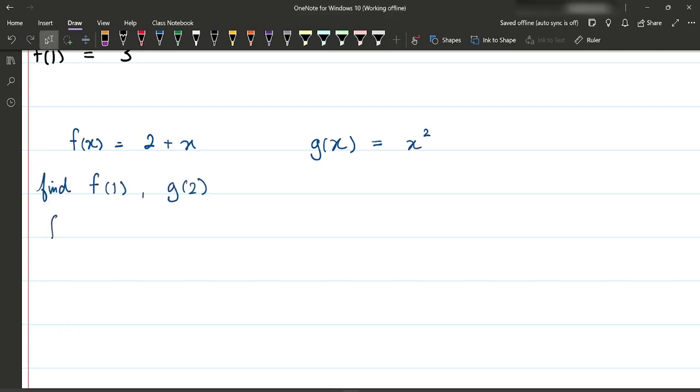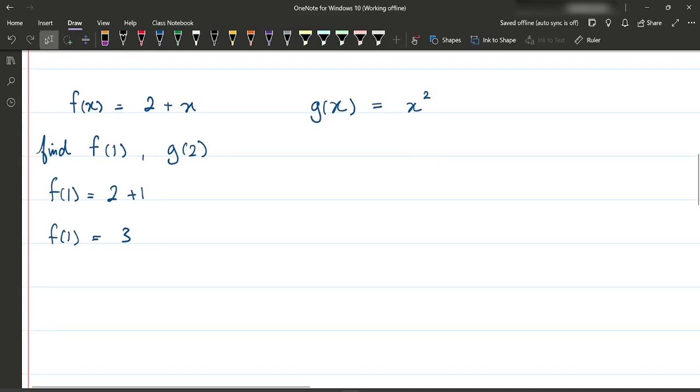When we do that, all we have to do is f of 1 is equal to 2 plus 1, and f of 1 will then equal 3. Here, g of 2 will be equal to 2 squared, put brackets around that, and g of 2 is equal to 4. There it is, so these are our answers. It is a very simple concept.